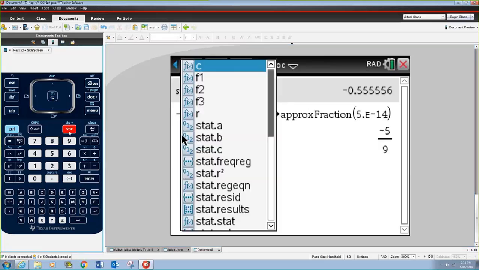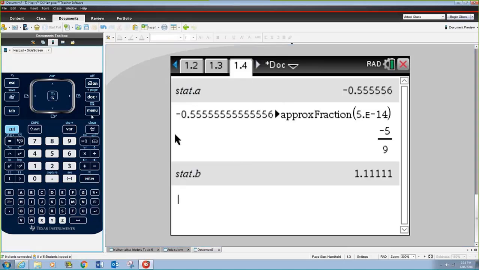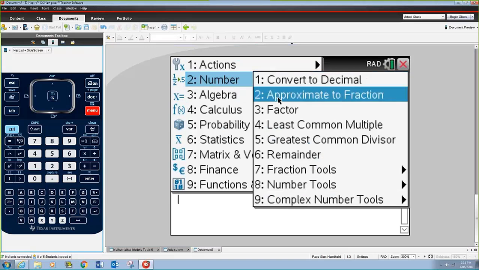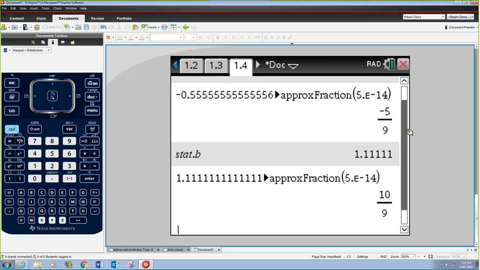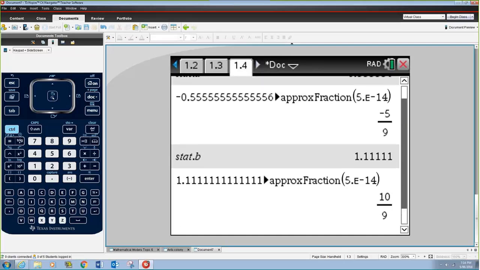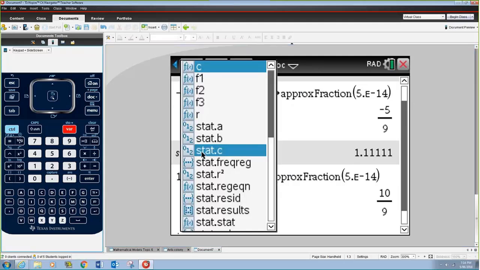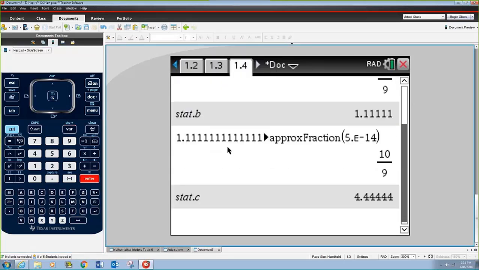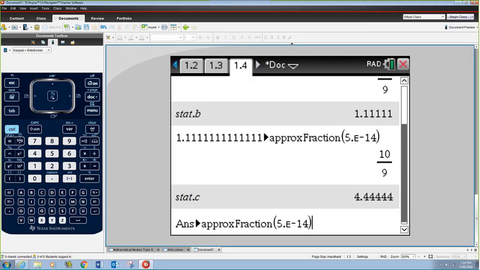Similarly, if I get B, I get a decimal here, but I can change this to fraction. And that's very useful for students, because they often ask actually for some values like that, and later even in linear changing to ax plus by plus c, where a, b, and c are integers. So that will help them greatly with those calculations. And again, approximating to fraction is very helpful.